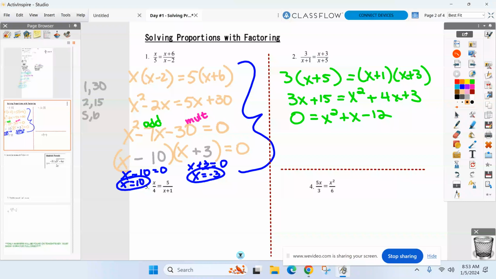Okay, show me how you're going to double distribute here. Here we go. Where everything came from. Okay, so what do you get? Okay, combine your like terms in the middle, and then what do you end up with? Okay, move everything over, get it equal to 0.